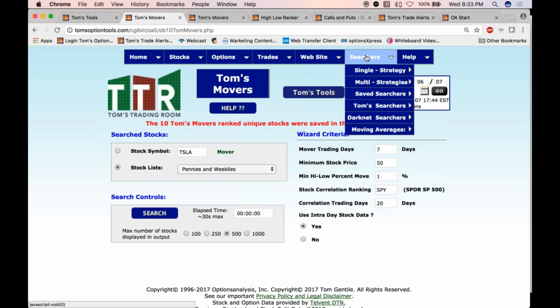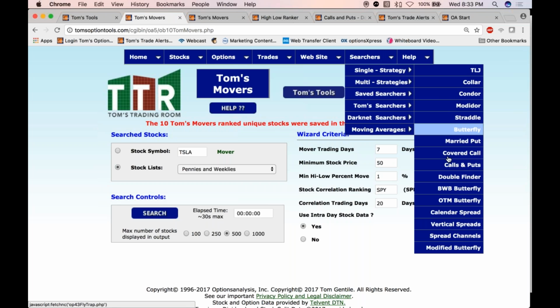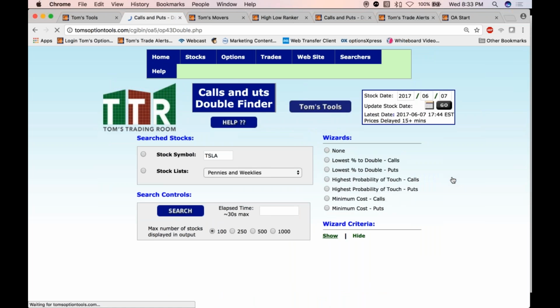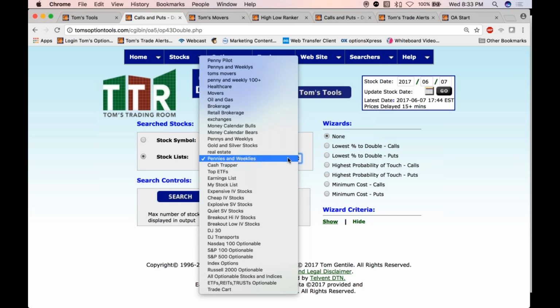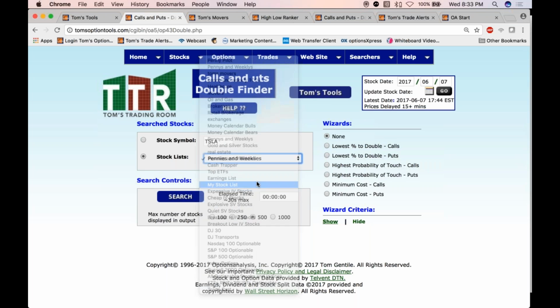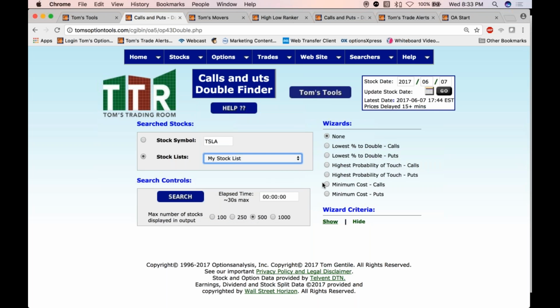So we could take that and we could go and look at something called Double Finder. And Double Finder simply tells us what stocks have the lowest move in the stock price to double in the options. So remember, we're dealing with my stock list. So my stock list, I want to see which of those. Now I haven't even looked to see what is bullish and what's bearish.